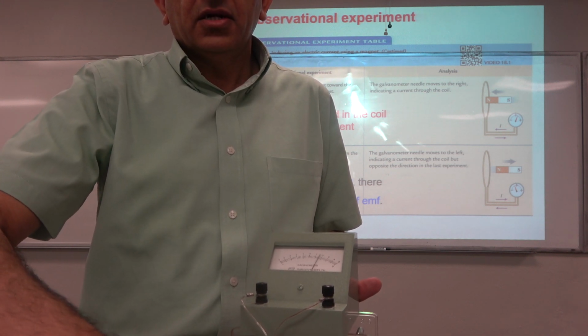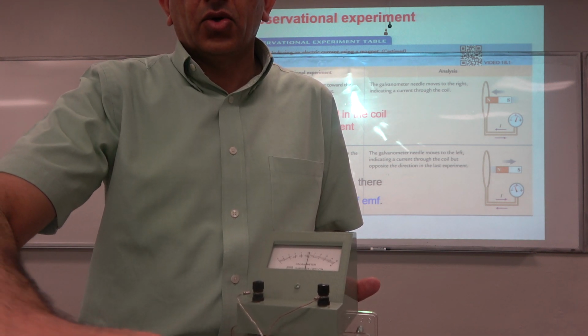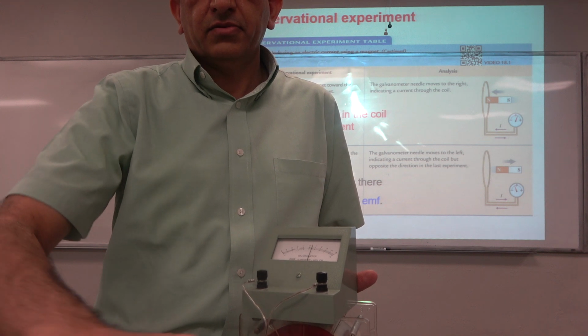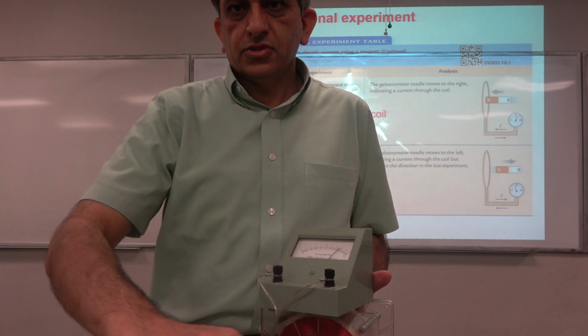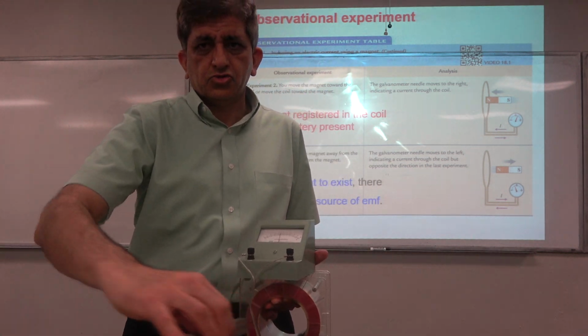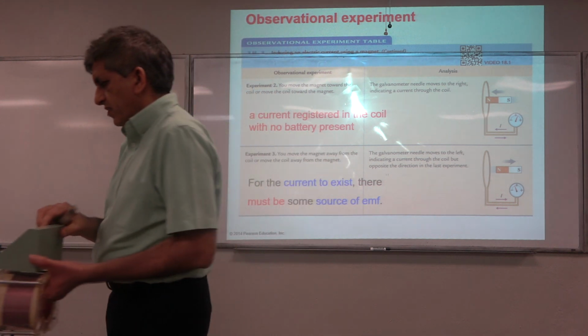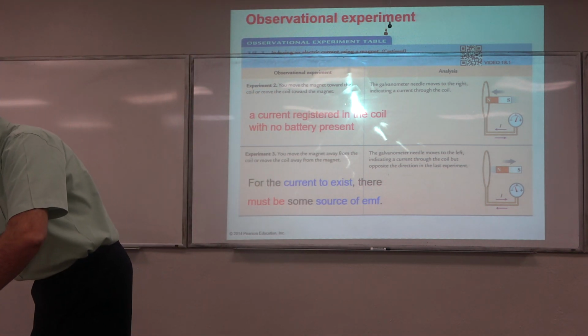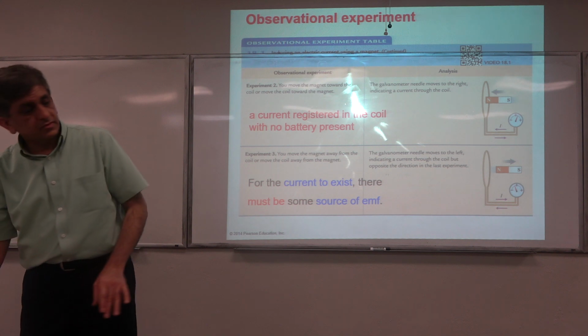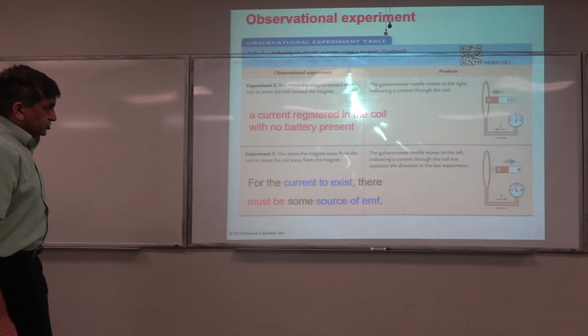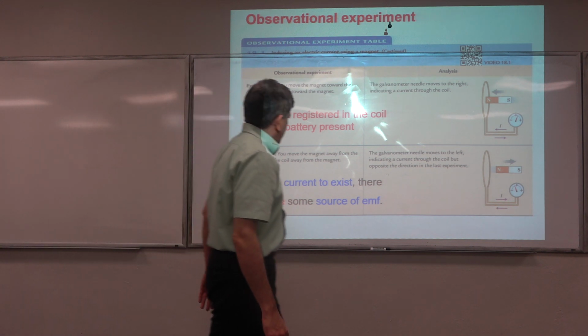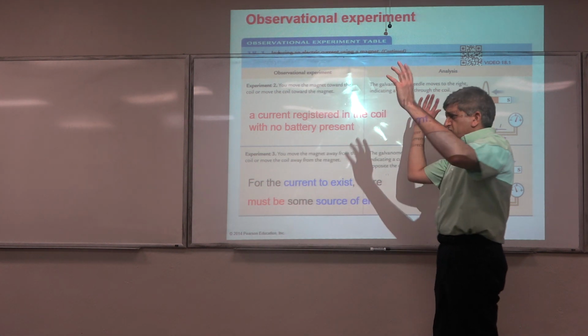Depending on if I bring the magnet closer or take it away. So something is there. The current is produced when I move the magnet, right? So a current is registered in the coil without the presence of a battery.